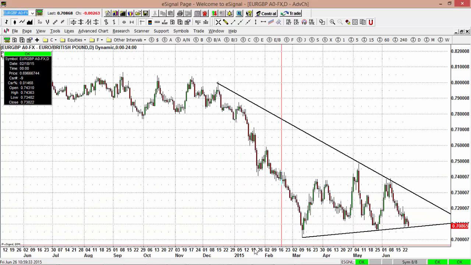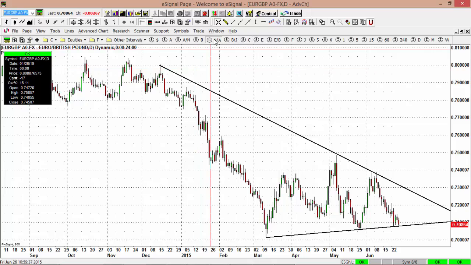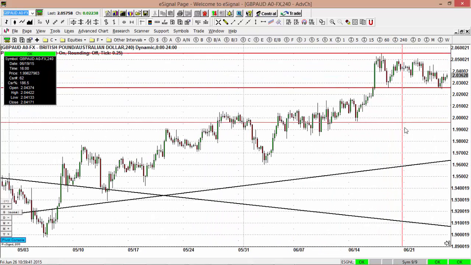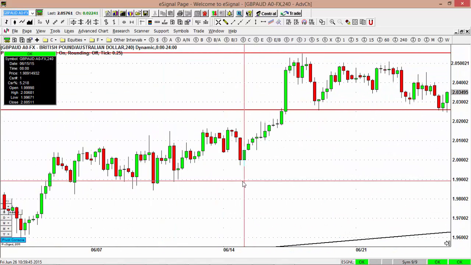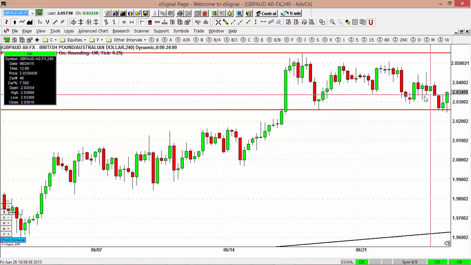That's a common mistake traders make. On the 4-hour chart of the British pound versus the Australian dollar we just spoke about, we have to wait until the market closes. On the close of this candle, this was the buy signal, and then you enter on the buy signal.